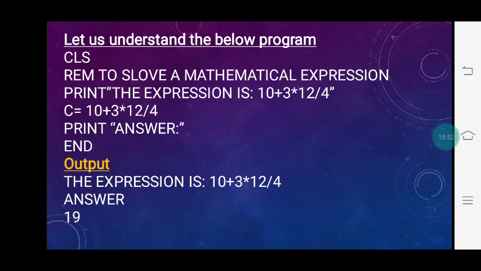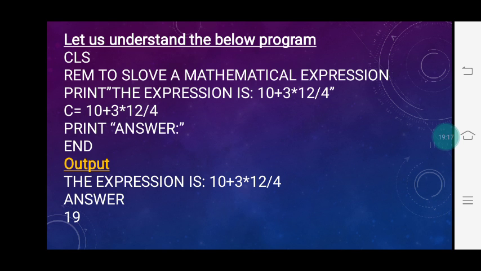Now the third one is the PRINT command. PRINT, the expression is 10 plus 3 multiplied by 12 divided by 4. Whatever message or information you want to display on your output screen, for that you are going to use the PRINT command.